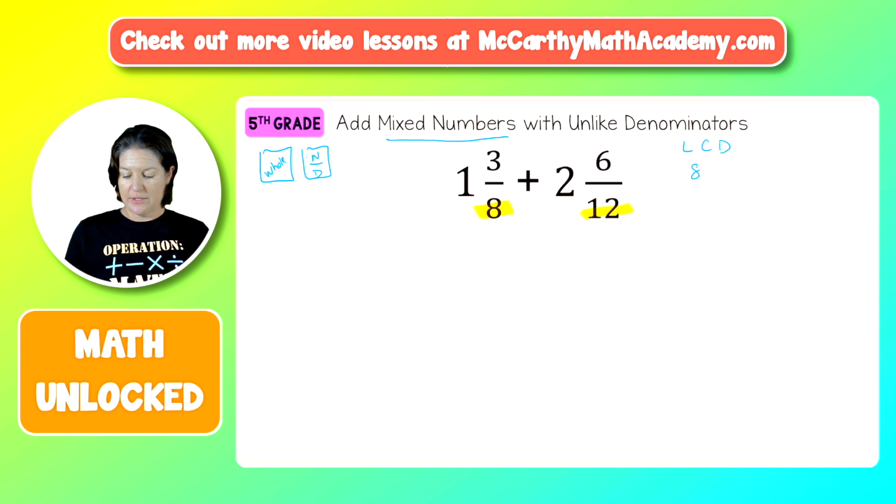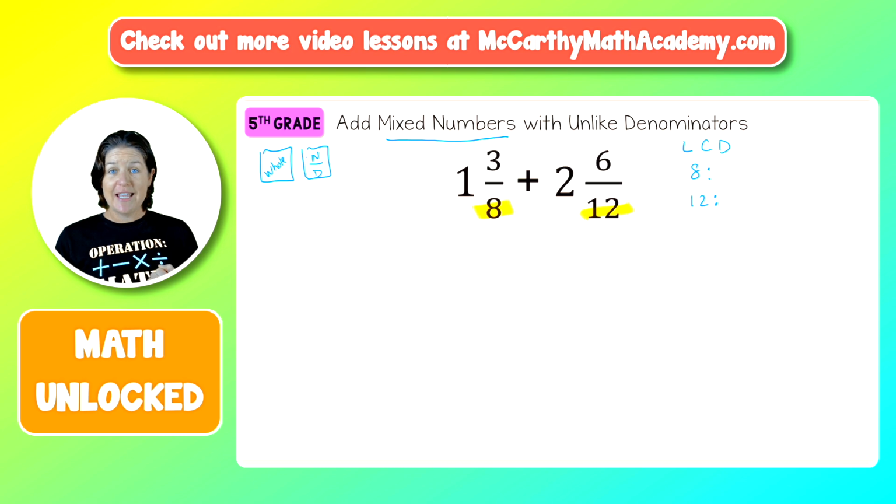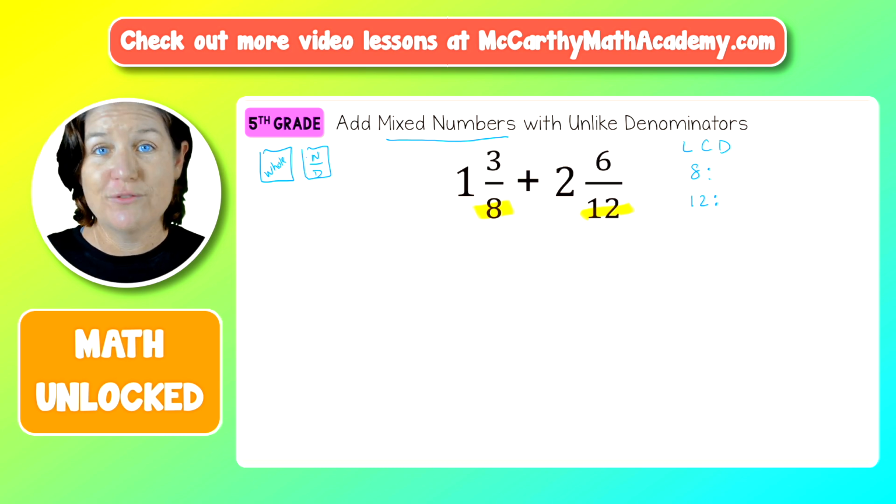So we take our denominator of 8 and our denominator of 12 and we skip count by those numbers. We put the multiples in there to determine the one that they have in common that's the least. So starting with the 8s, I'll use my multiplication mashup song to help me. Party rockin' with the 8s for sure. 8, 16, 24.